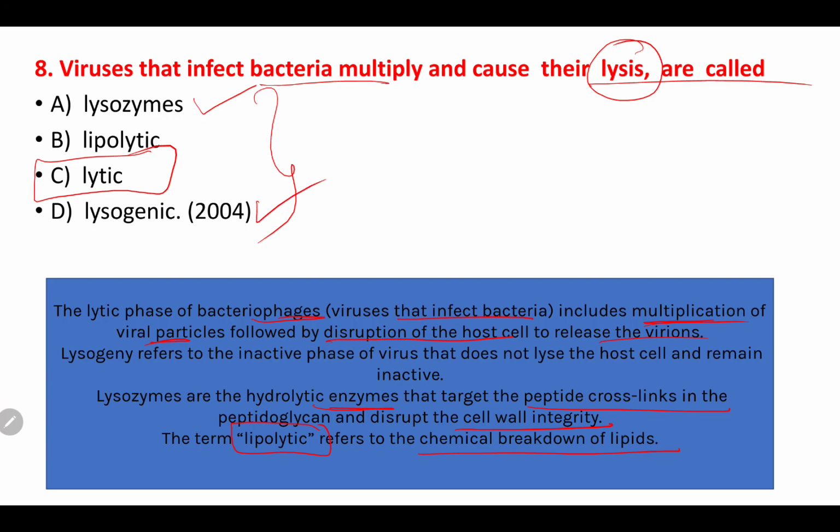Next is lysogenic. Lysogeny is an inactive phase of a virus. Here it will not lyse the host, but it remains inactive. For this question, the viruses that infect bacteria, multiply and cause their lysis are called lytic viruses. So option C.